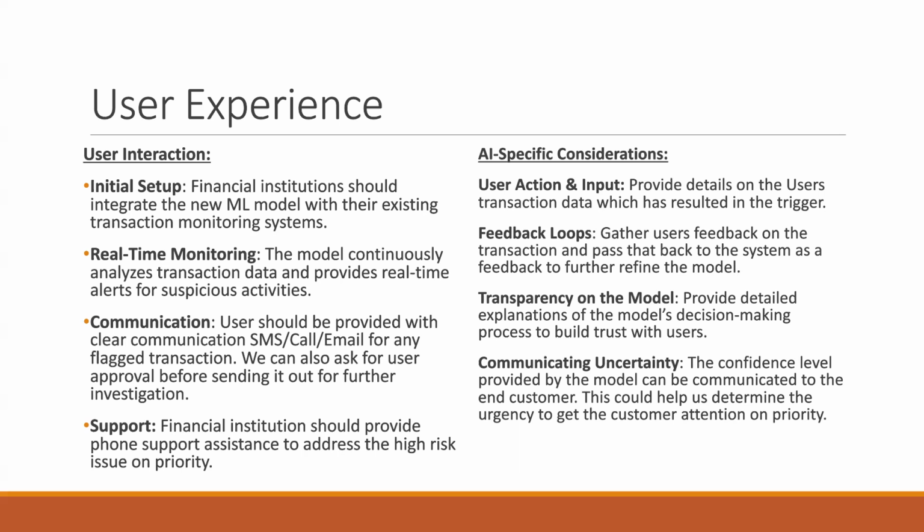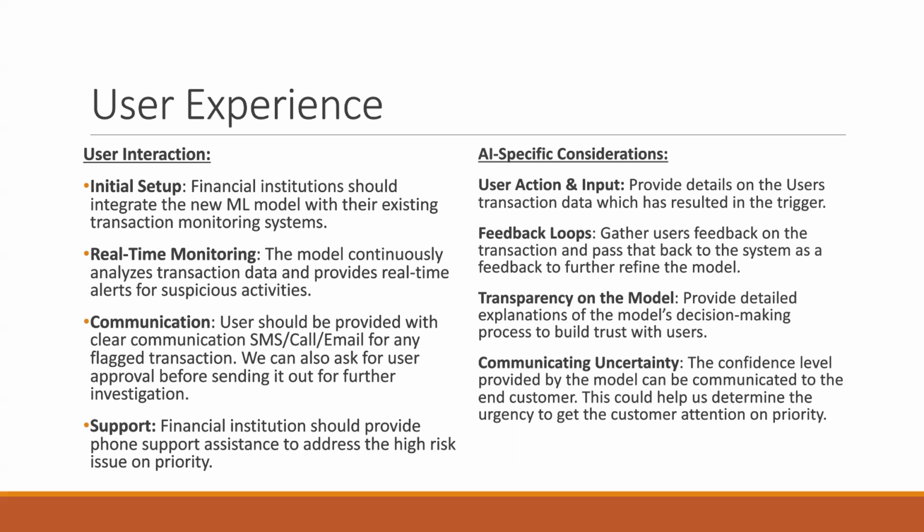So speaking from the AI specific considerations, here the data of course is coming in from the transaction data, which has resulted in the trigger. So that is the user action or the input, I would say. The feedback loop, where we have gathered some sort of data in the communication step before, probably we went ahead and gathered the user's approval in real time.